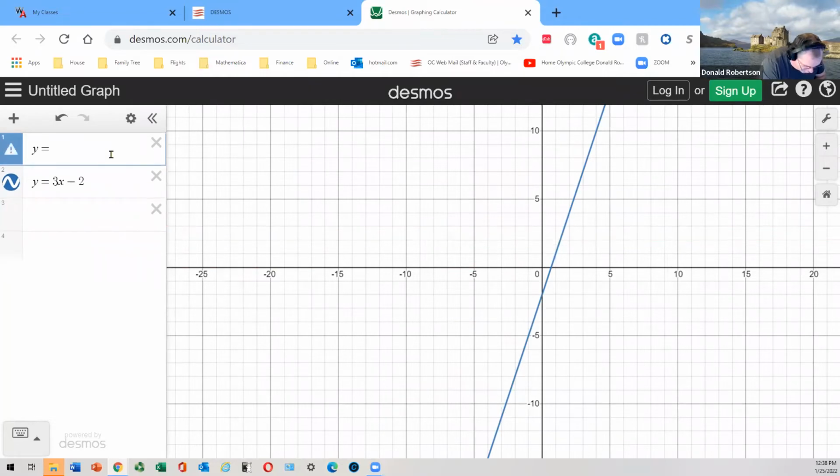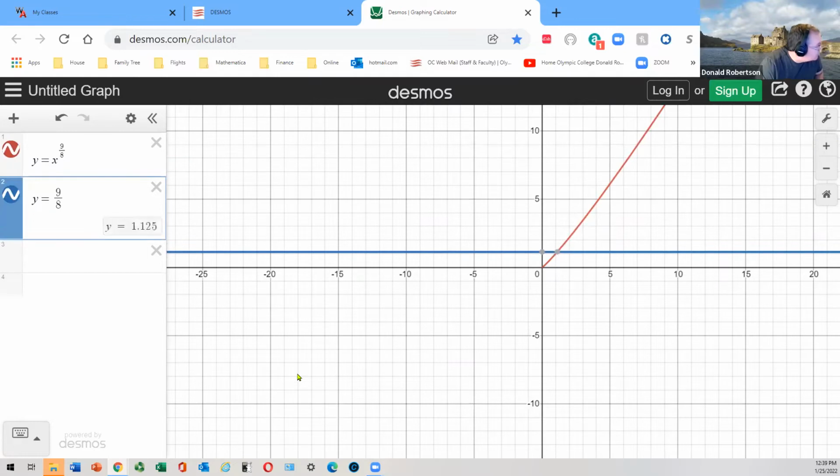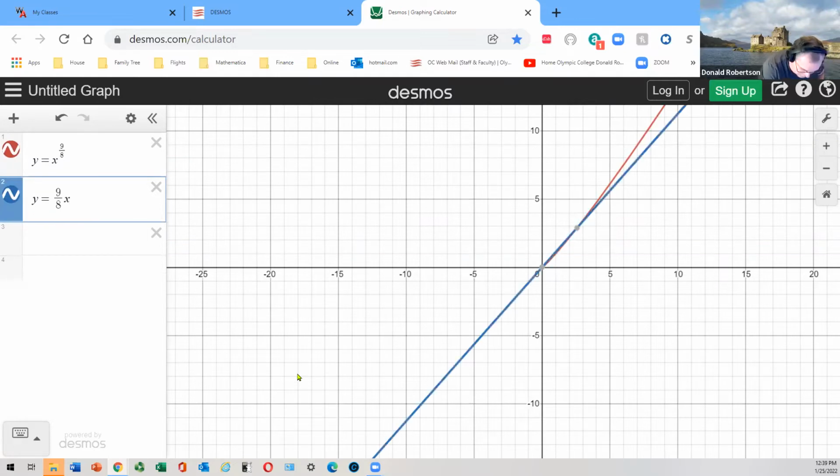The function we got was x to the power, and I hope it takes it as 9 divided by 8. Perfect. And the equation of the tangent line was 9/8 x take away 1/8. We were interested in the point 1, 1.